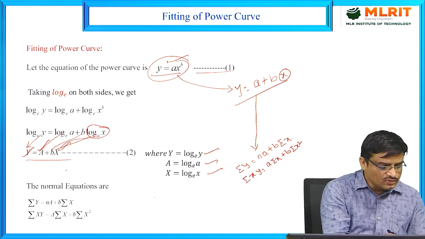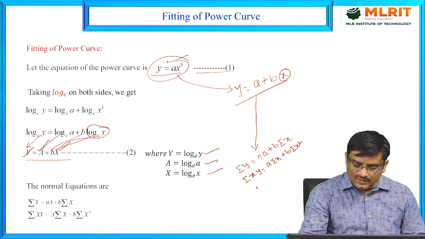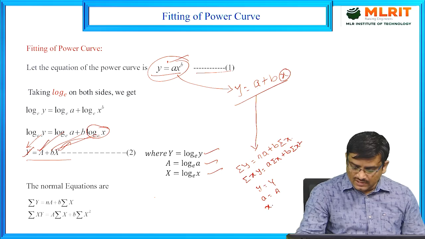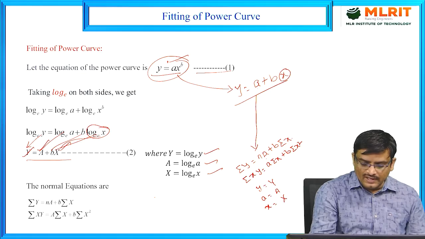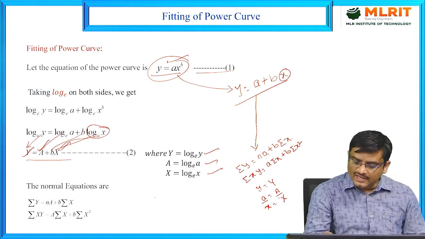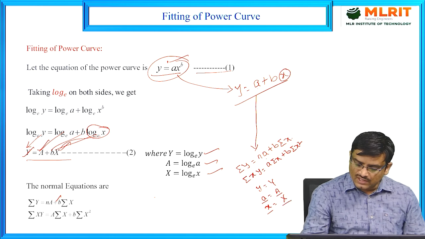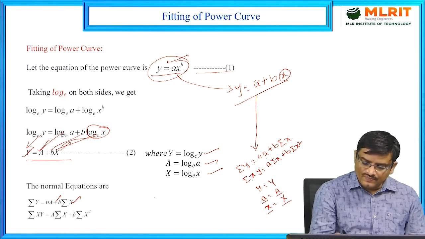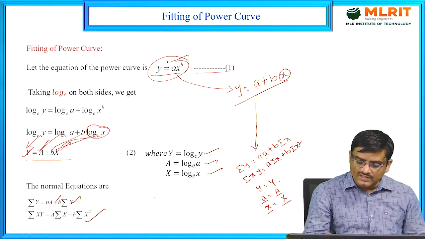Now this is also a straight line, but with capital Y, capital A and capital X. Just replace small y with capital Y in these normal equations, small a with capital A, and small x with capital X. So you will get summation capital Y is equal to n into capital A plus b, we are not changing anything for b, keep that small b as it is, summation capital X. Similarly, in the second equation also replace small x, small a and small y with these capital values.